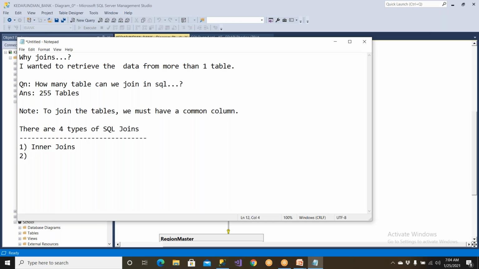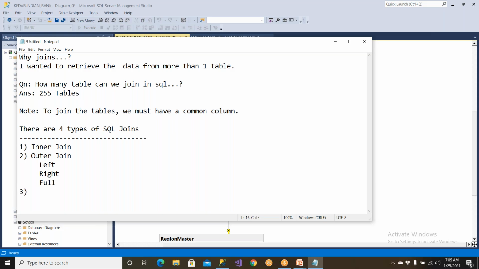Second one is called outer join. Inside outer join, you have left join, right join, and full join. Clear? Inner join, outer join. So in outer join, we have left, right, full.